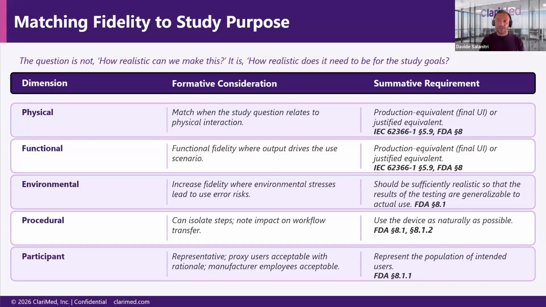The software is saying something, you don't understand it, you make a medical decision based on that, and you cause harm to the patient. That harm is directly caused by the software not being designed correctly. And as with a physical medical device, that has to be mitigated, and that mitigation has to be evaluated in the HF process. I hope I answered your question.